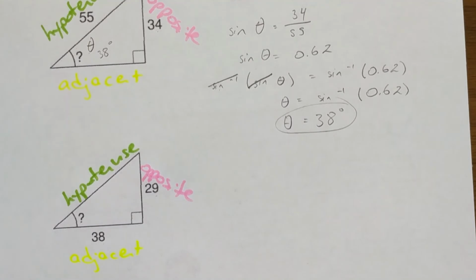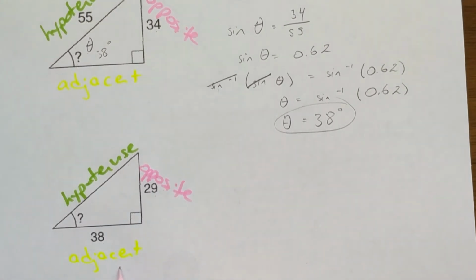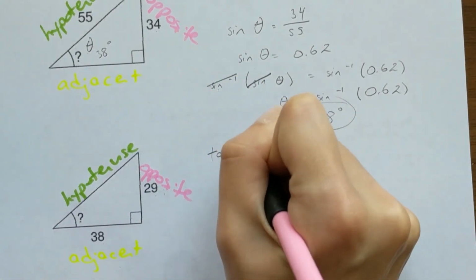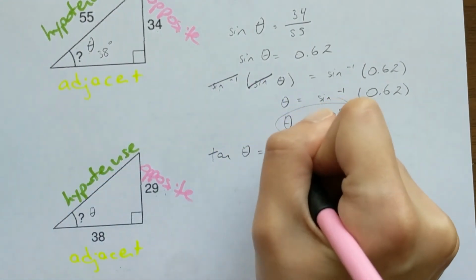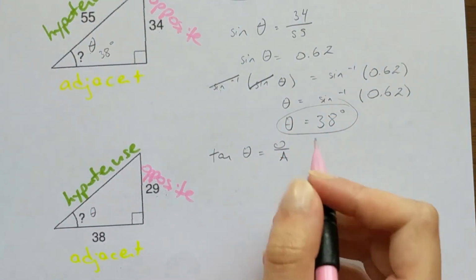Okay, and now we need to pick which ratio is the best one. I have opposite and I have adjacent. The ratio that has both opposite and adjacent is the tangent ratio. So I'm going to start right off with saying tan of my angle is opposite over adjacent.